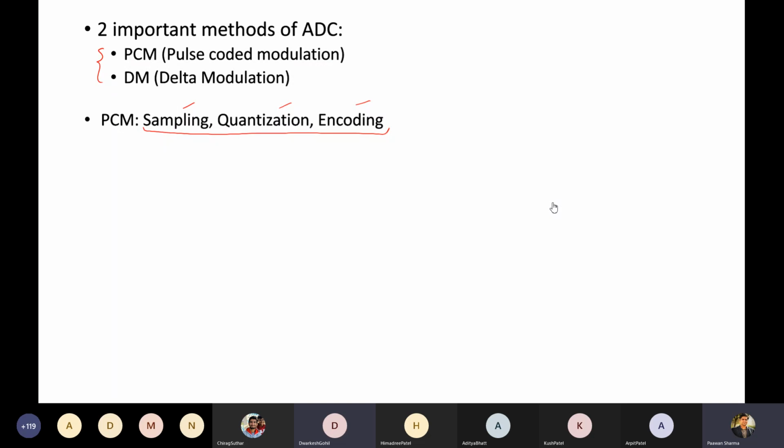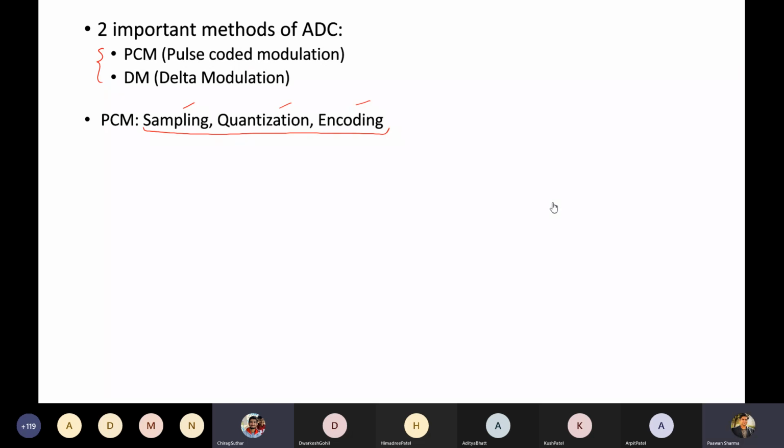Sir, I'd like to add that it is continuous to discrete time signal. Chirag, yes, please tell. Sir, basically conversion of continuous time signal to discrete time signal is sampling. We use sampling for conversion of continuous time signal to discrete time signals.